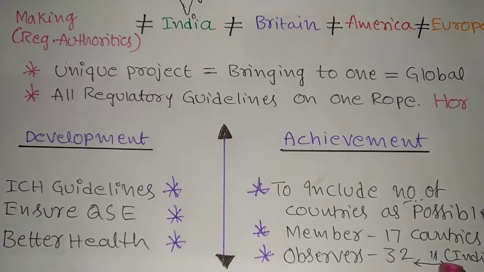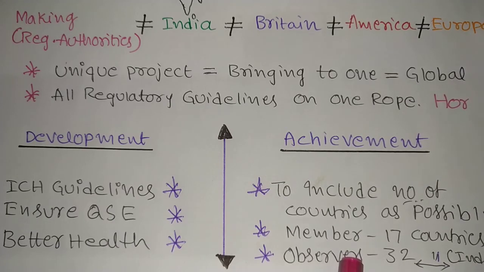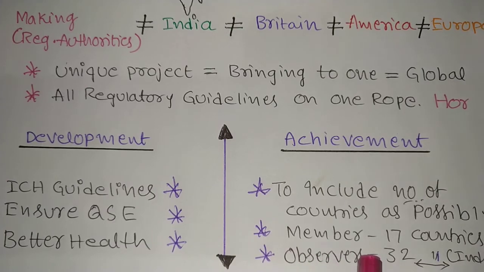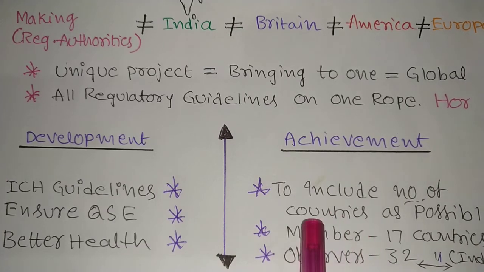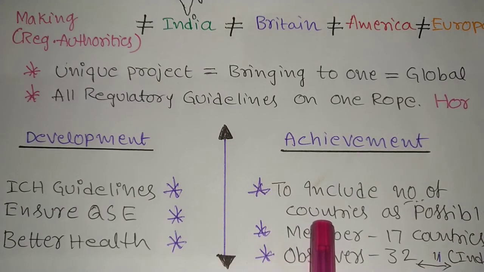These observer countries only observe. They keep on observing ICH, but they are not implementing the rules and regulations of ICH in their country, whereas the member countries accept and implement the ICH guidelines.